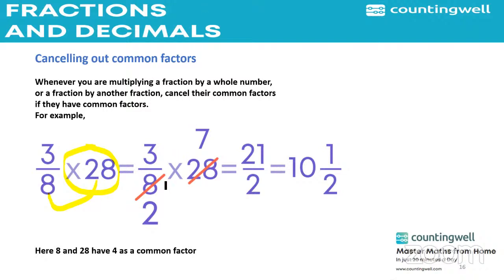So we have 4 twos are 8 and 4 sevens are 28. So we have 3 into 7 as 21, and 28 is nothing but 28 upon 1. So we have 2 into 1 as 2. That's why we have 21 by 2. This is again converted into a mixed fraction. So we have 10 and 1 by 2.